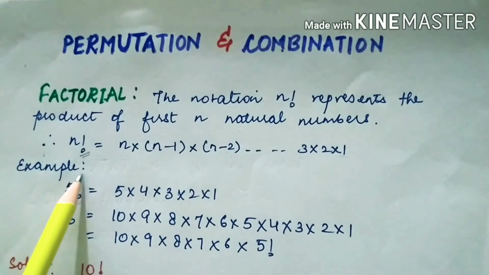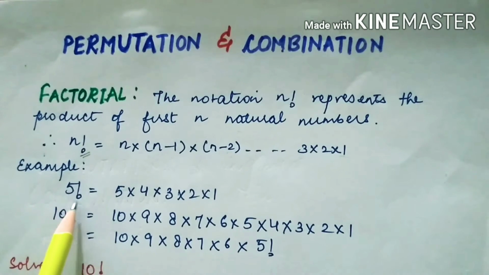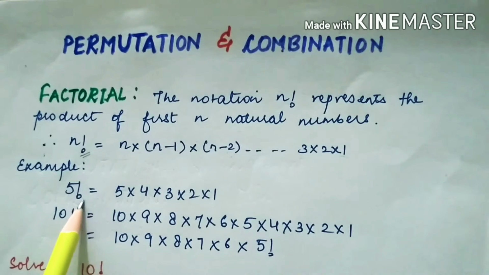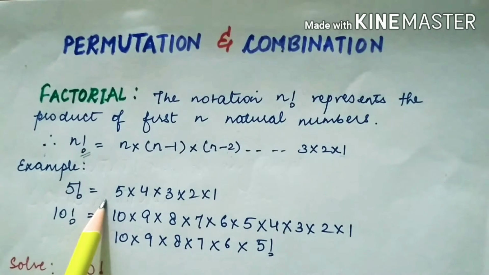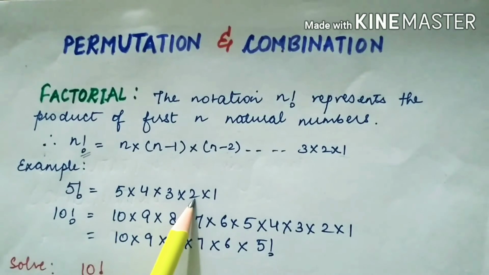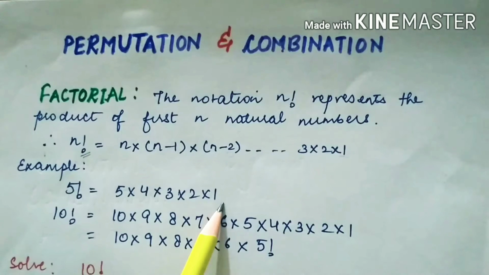Let's learn it with an example. Suppose we have factorial 5. It will be written as the continued product of the first 5 natural numbers, that is 5 into 4 into 3 into 2 into 1.